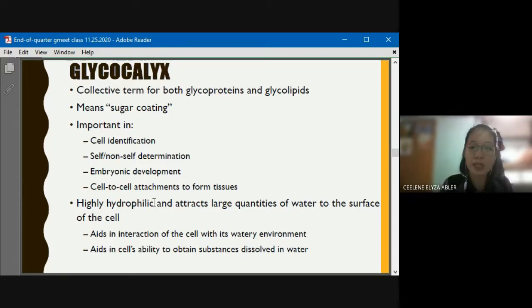So, kaya siya medyo nagme-melt yung sugar outside. Kaya nga, di ba, we store sugar in container na hindi mapapasukan ng hangin. It's because sugar is actually very attracted to water. Okay? So, it will attract large quantities of water to the cell surface natin. So, kaya siya very helpful ang glycocalyx for the dissolving of substances in water.